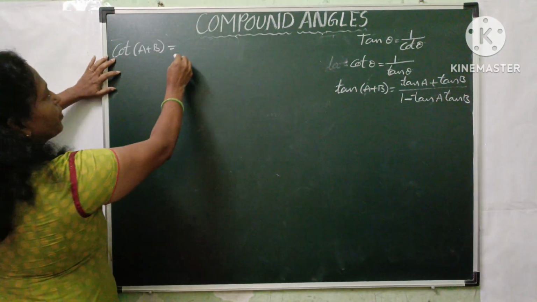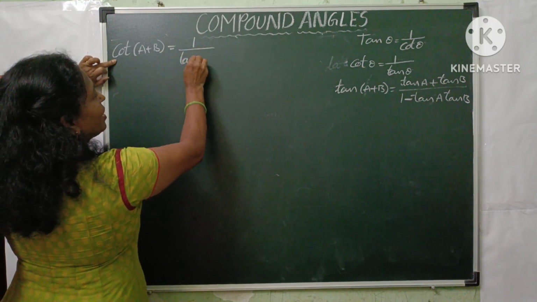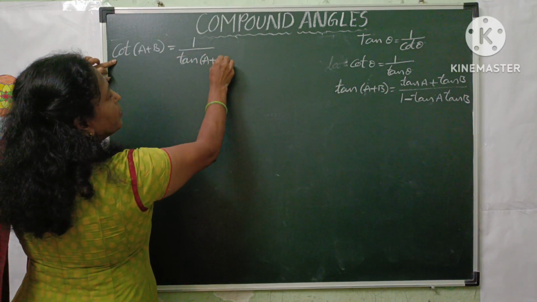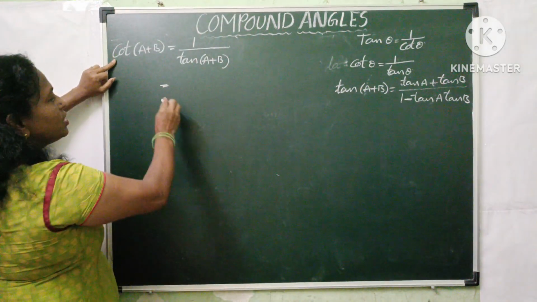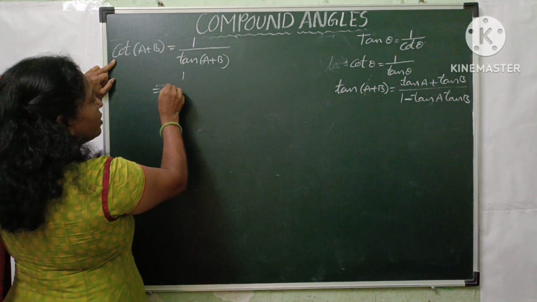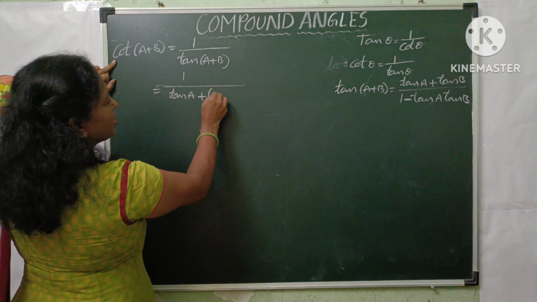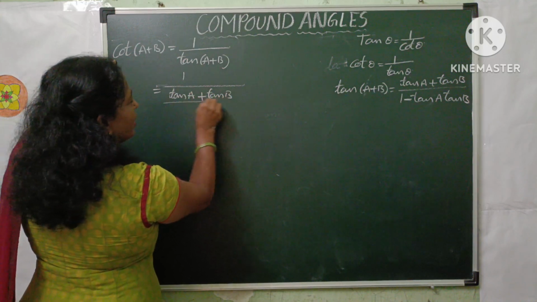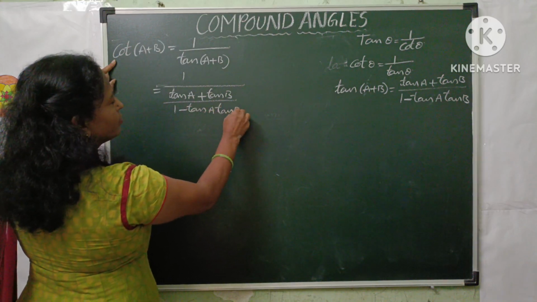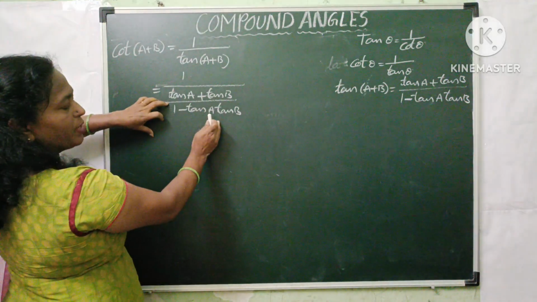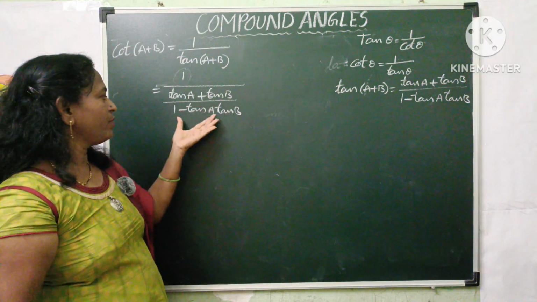Cot A plus B means we write 1 by tan A plus B, so 1 by tan A plus tan B by 1 minus tan A tan B. This is the numerator part, and this is the denominator part.